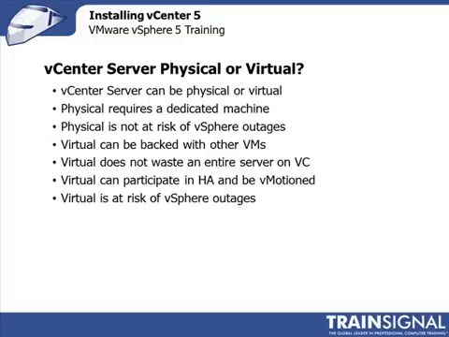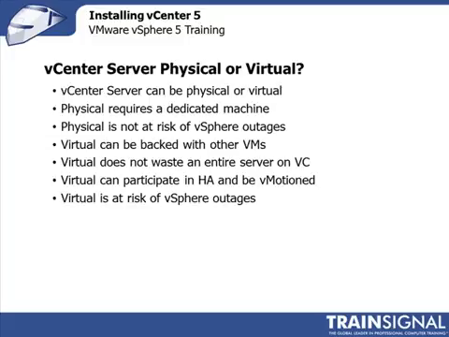Why would you add another physical machine that's running a Windows application with Virtual Center on it as your management host? There are a lot of benefits to Virtual Center being virtual. First, you don't need another physical device in your environment. VMware's best practices lean more towards having vCenter as a virtual machine.